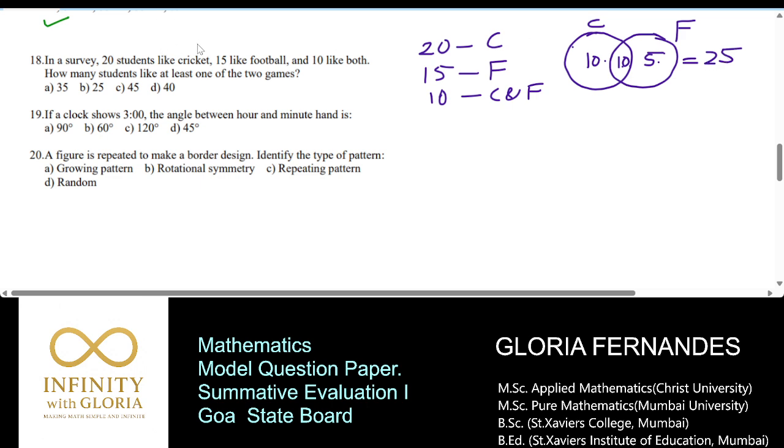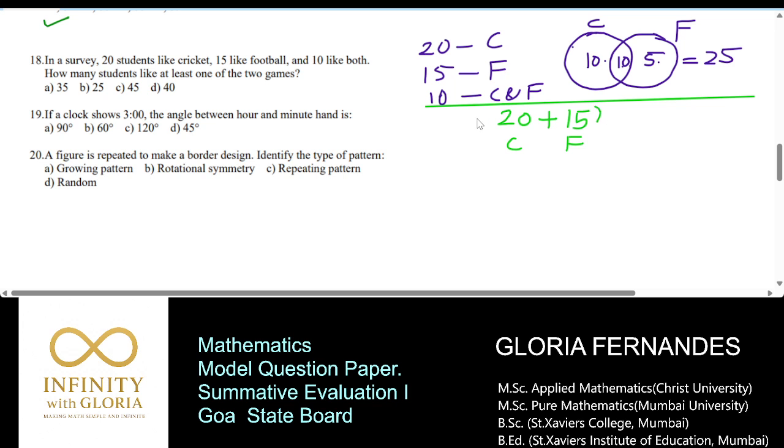Now suppose this method doesn't work for you, there is another, simpler method. What you do is, you just add. How many students like cricket? 20. How many students like football? 15, right? Now there are some students who are common to both, right?